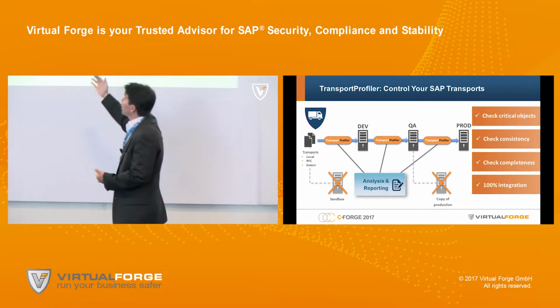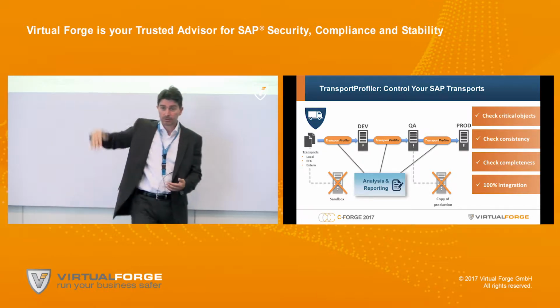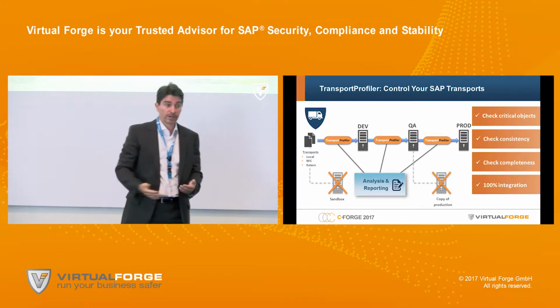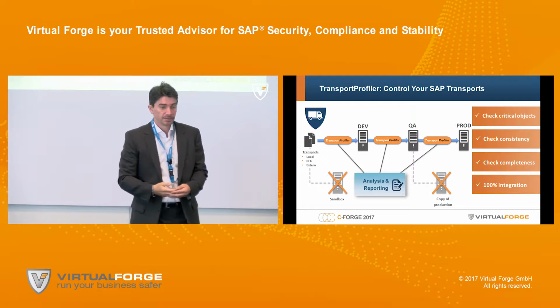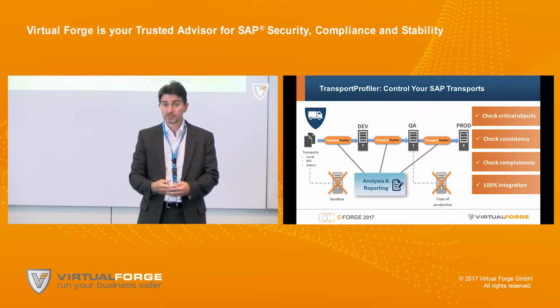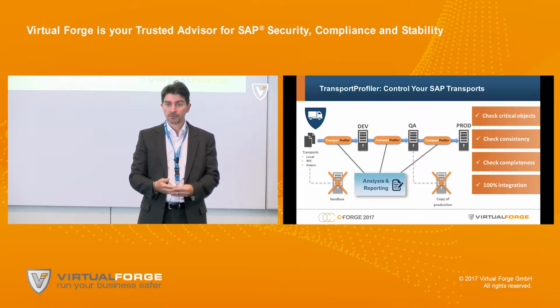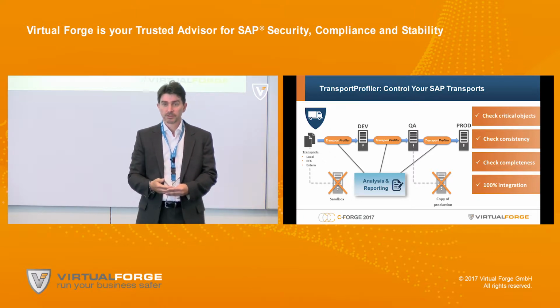So on one side, we have the possibility to use it for external transports. We did this quite often in test installations at customer side, validating external third-party products. So if you have a third-party vendor and you install their products, you can use Transport Profiler to validate the product.